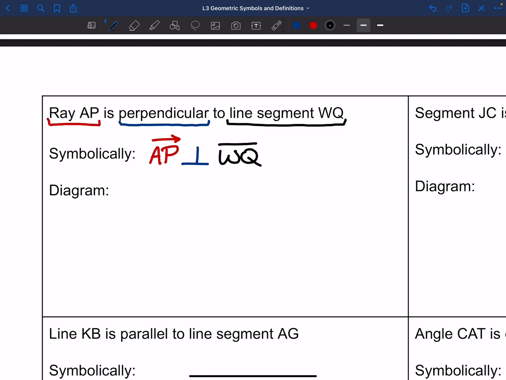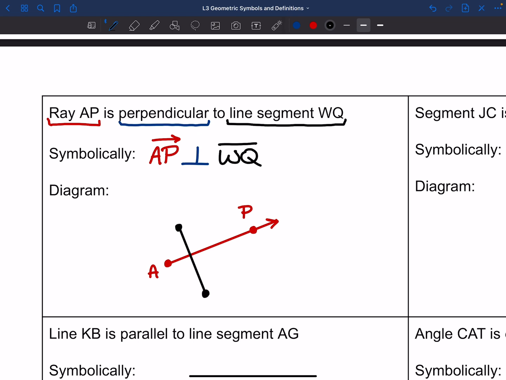So symbolically, we've just converted that into geometry symbols, which is pretty neat. As far as a diagram goes, I'm going to draw ray AP, something like this. It's got an endpoint and a direction. And then I want it to be perpendicular to line segment WQ, so I'm going to try and draw a line segment that is as perpendicular as I can come up with.